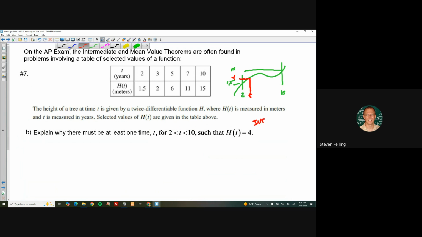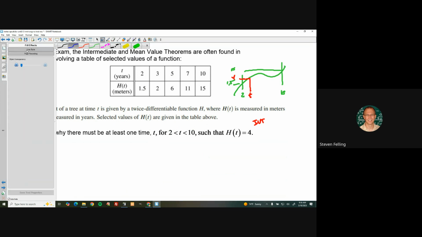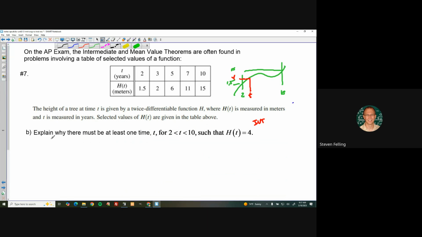All right, so to invoke that, let's go ahead and write it out properly. So for this one, the conditions are, since h of t is twice differentiable, it is also continuous over the closed interval from 2 to 10.